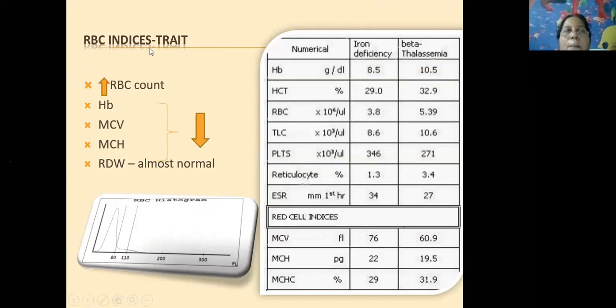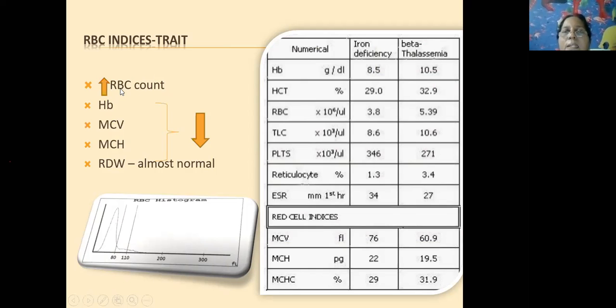So what has happened to the RBC indices? Here you must see microcytic hypochromic. Hemoglobin reduced, MCV reduced, MCH reduced. In iron deficiency anemia, I told you the RBC count is low. In thalassemia trait, the RBC count is elevated.